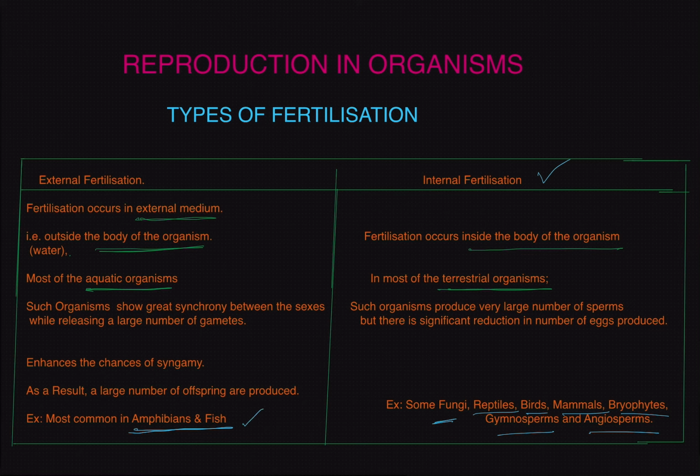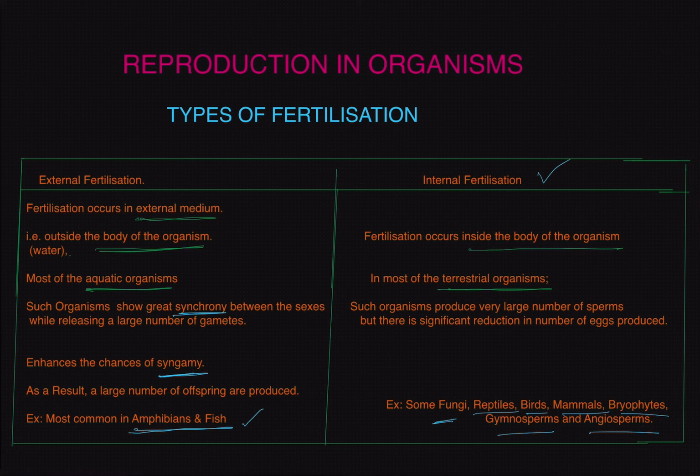external fertilization. Now, what are the features of external fertilization? For external fertilization to happen, the male and the female gametes should be released at the same time to increase the chances of fertilization, right? It is otherwise said like this: those organisms that exhibit external fertilization have to show great synchrony.